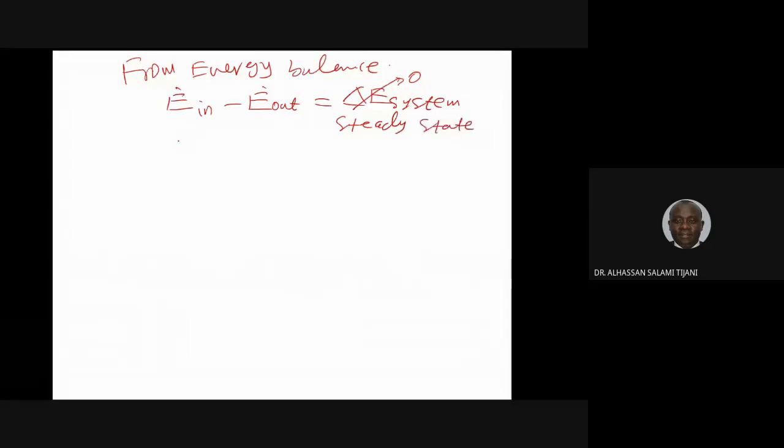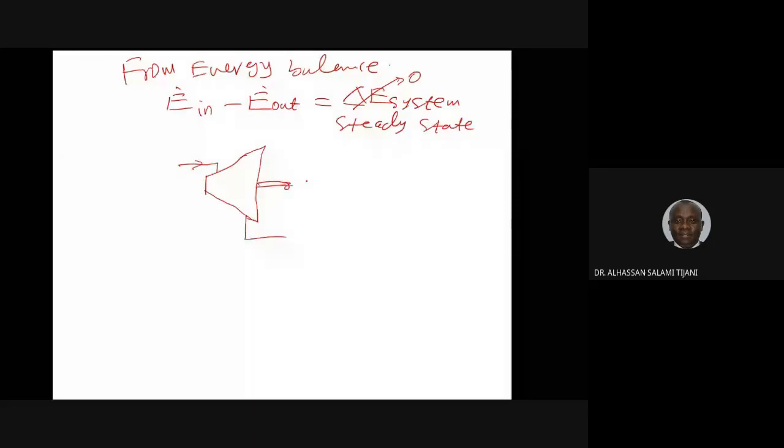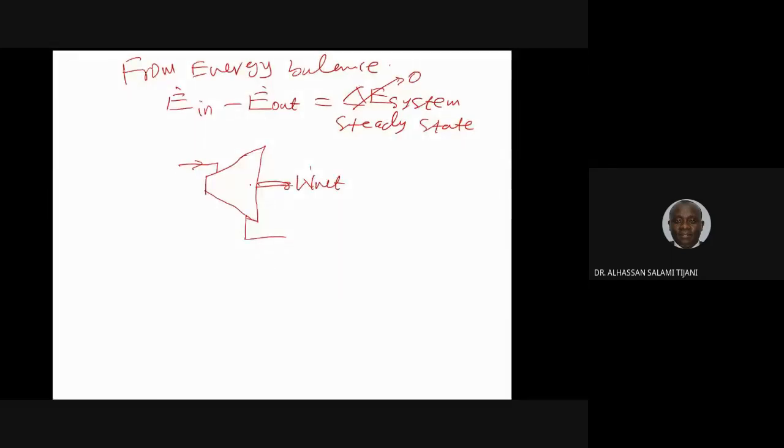Now if I draw my turbine for another illustration, this is the inlet, this is the exit, we have W net out, and then we have the heat loss. This is Q out.